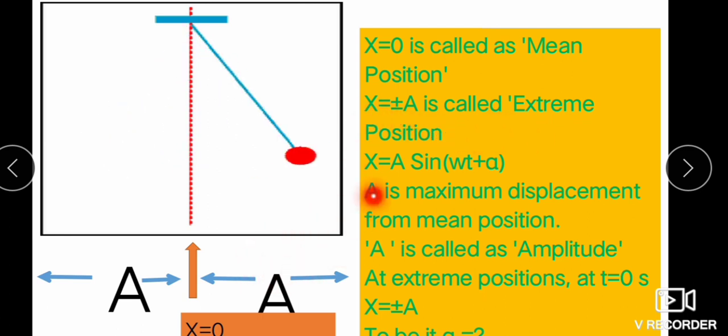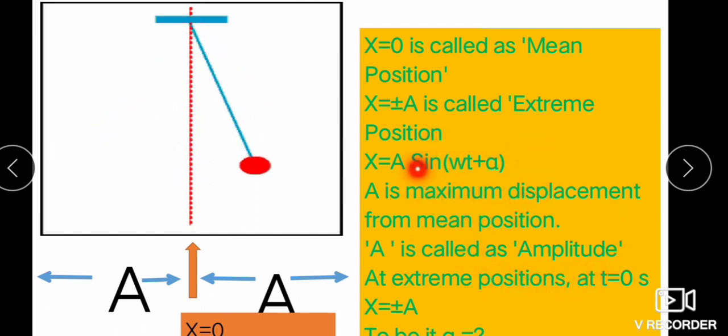This maximum displacement is plus minus A at the extreme positions. These endpoints are known as the extreme positions. At endpoints, displacement may be plus A or minus A, and in between it varies from 0 to plus minus A. We can use the sine and cosine functions.